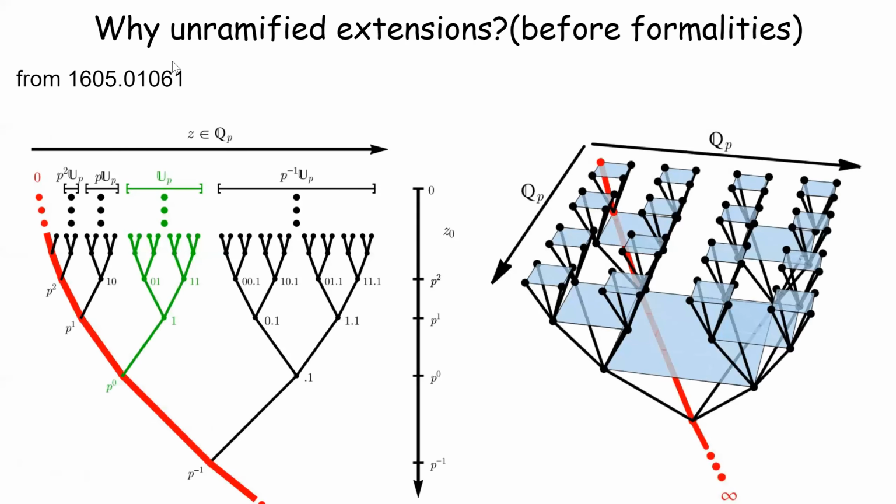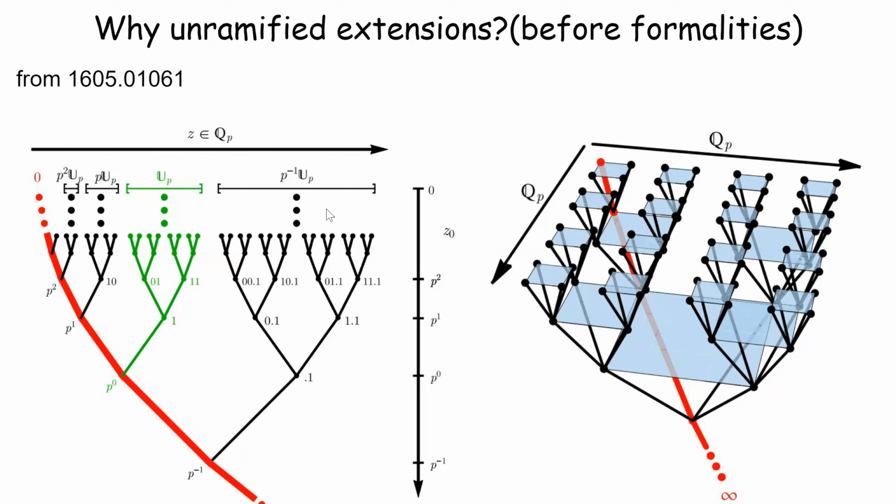So as was motivation from holography, for example, fields on just Q_p can be considered as some kind of object living on a Cayley tree with some prescribed branching.